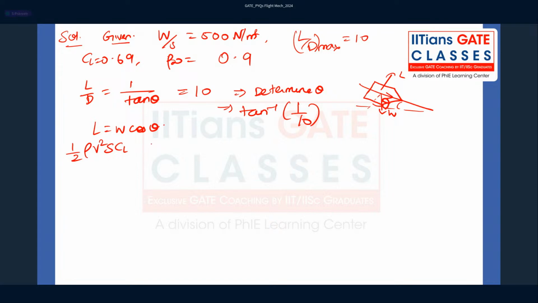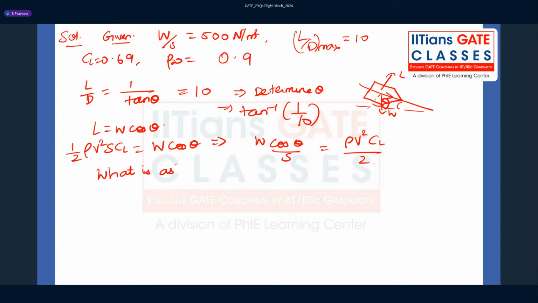So that is equal to W cos theta. Let's move the S to this side. I will have W cos theta by S equal to rho V square CL by 2. What is asked is V. V is unknown, everything else is known.